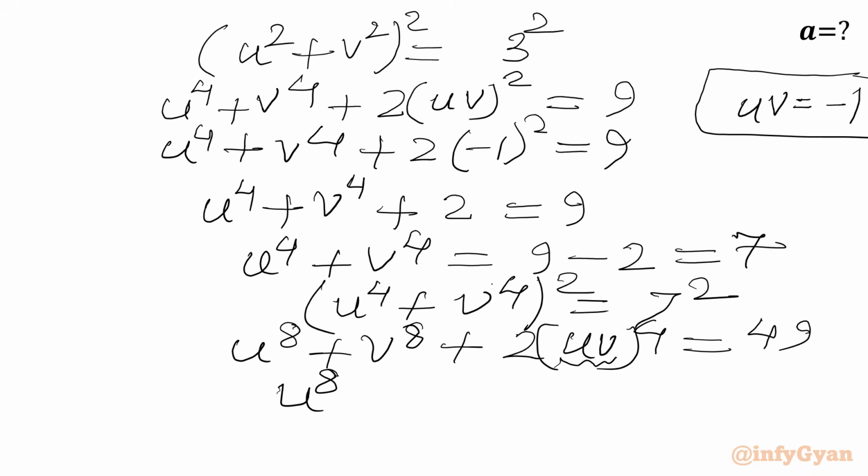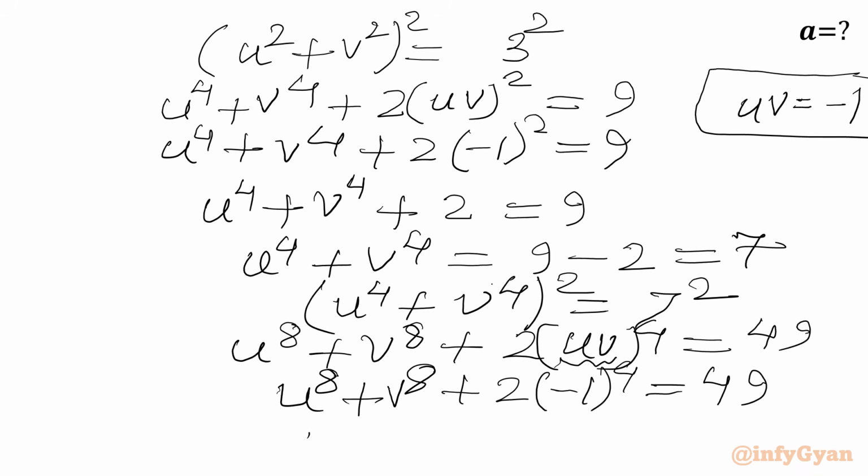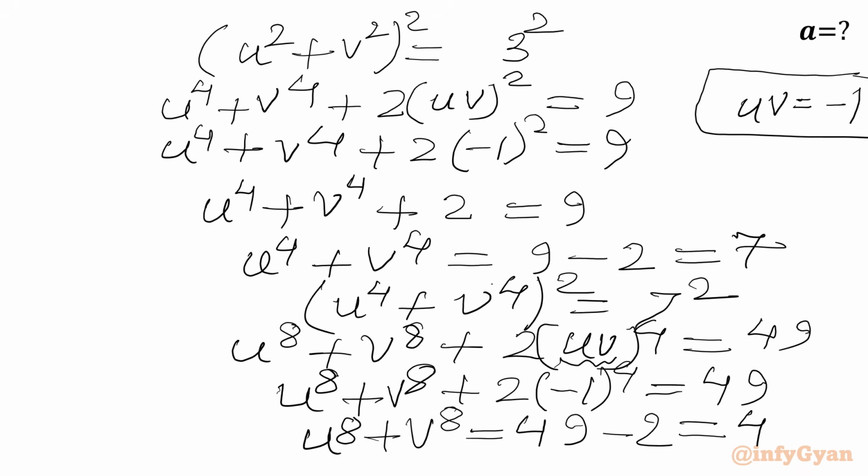We'll get u power 8 plus v power 8 plus 2 times (negative 1) whole power 4 equal to 49. So we'll be able to write u power 8 plus v power 8 plus 2 equal to 49, or 49 minus 2 in the RHS. The value will be 47. Now we have all the terms known.